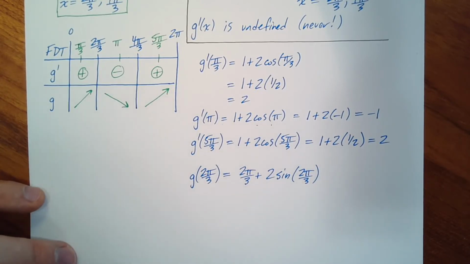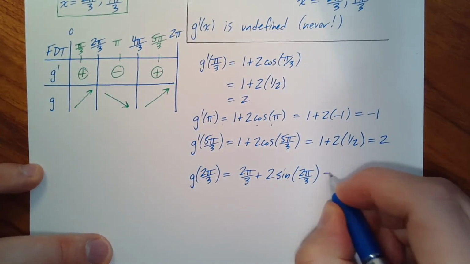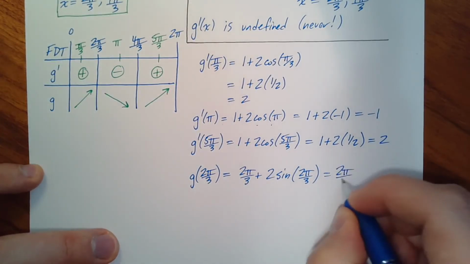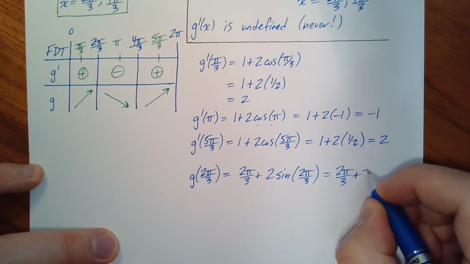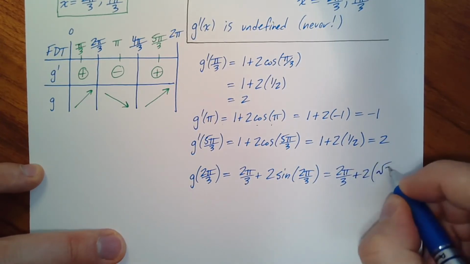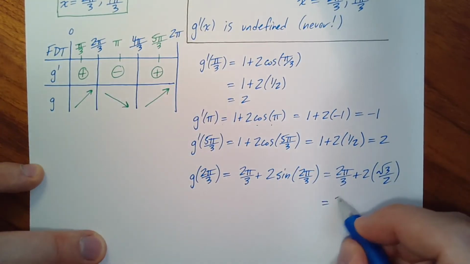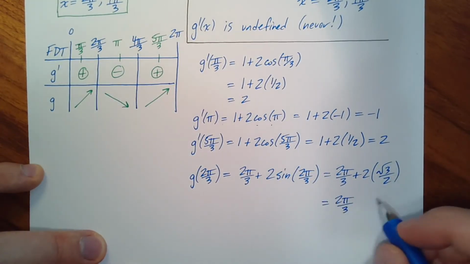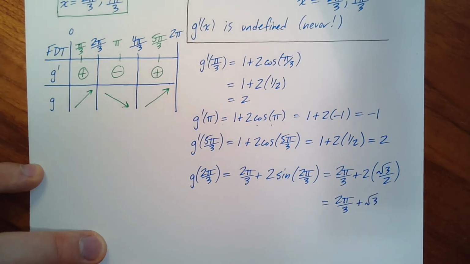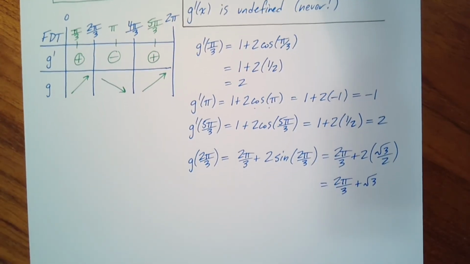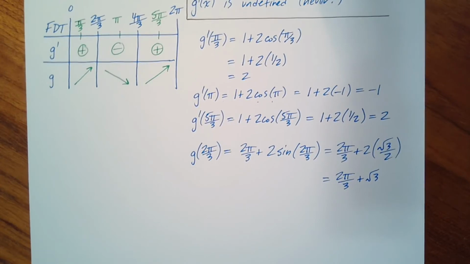Sine of 2 pi over 3 is also going to be root 3 over 2. So this ends up being 2 pi over 3 plus 2 times root 3 over 2, which ends up working out to be 2 pi over 3 plus root 3. Okay, so that was our local max.